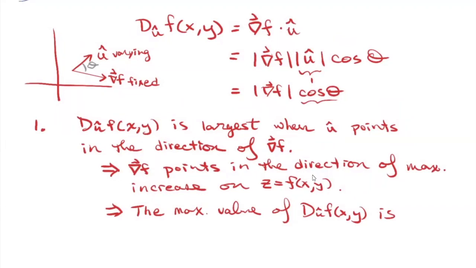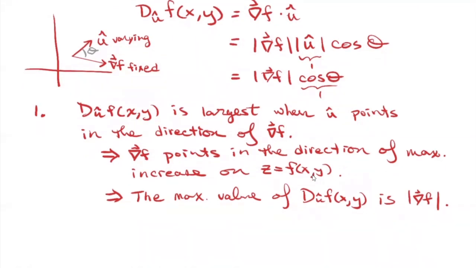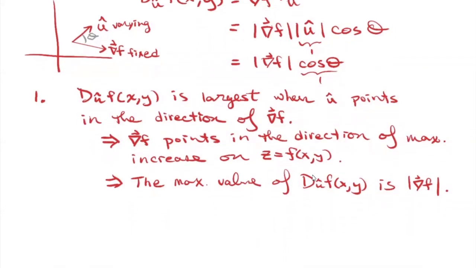So the directional derivative in that direction of maximum increase, where cosine theta is 1, is the magnitude. Yeah, sorry, I beat you to it. The magnitude of the gradient is the steepest slope on the surface, and the direction of the gradient is the direction of that slope. So it's an interesting vector. It holds multiple bits of information: the direction and the magnitude of steepest slope. Any questions?